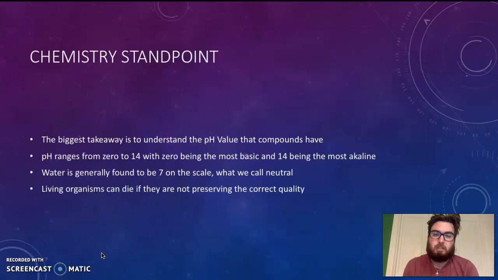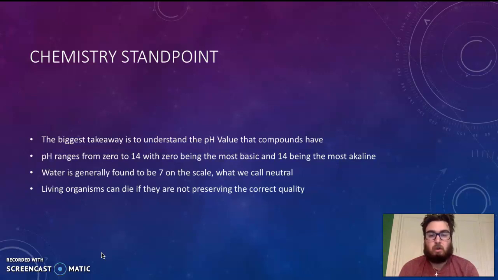The disciplines that I chose, chemistry is the start out. Really, the biggest takeaway to understand from a chemical viewpoint is the pH value. In chemistry classes, we're always testing pH values of different compounds to see if they're acids or bases.